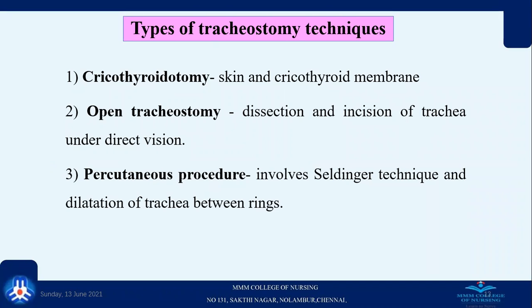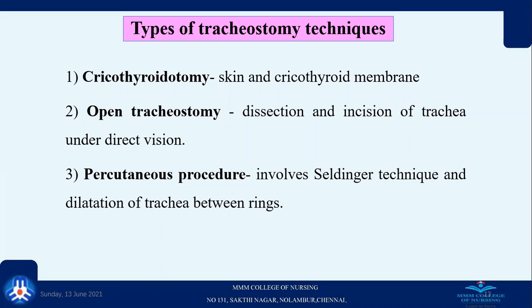Next, we'll see the various techniques or types of tracheostomies. First one is the cricothyroidectomy, where the skin and the cricothyroid membrane will be opened. Usually this is made at the level of the cricothyroid. Next is the open tracheostomy, where the dissection and incision of the trachea will be done under direct visualization.